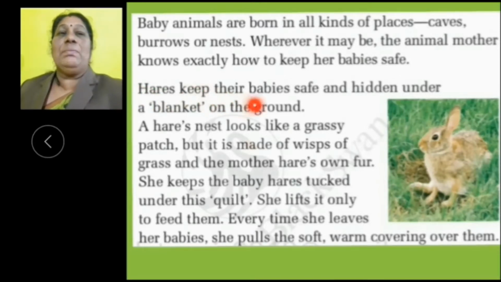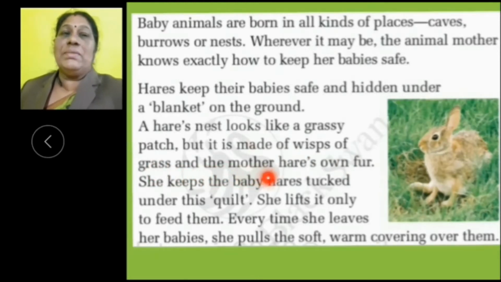Hares keep their babies safe and hidden under a blanket on the ground. A hare's nest looks like a grassy patch, but it is made of wisps of grass and the mother hare's own fur.